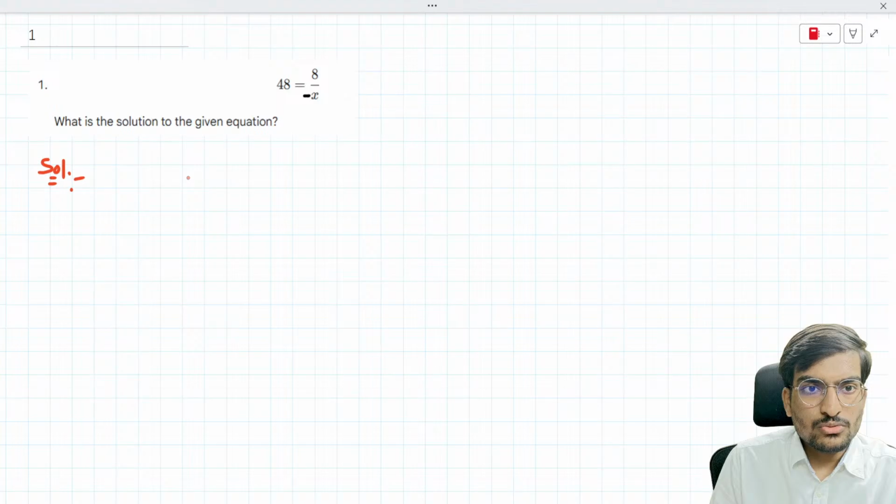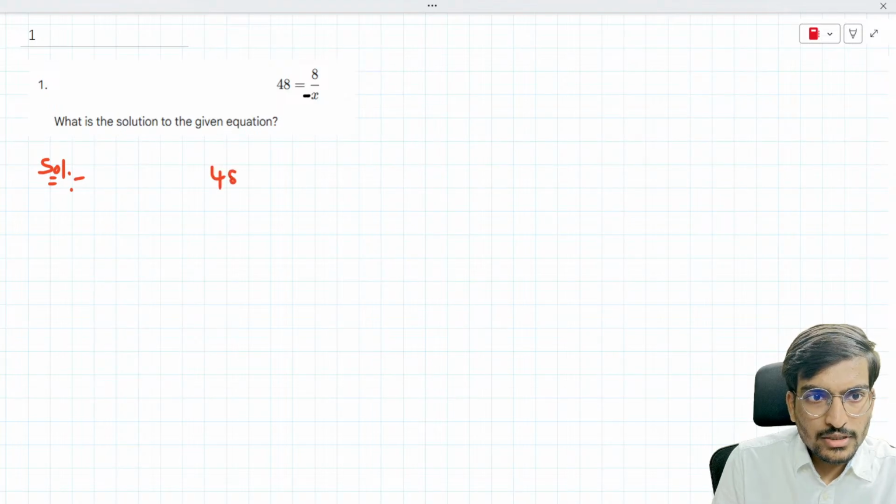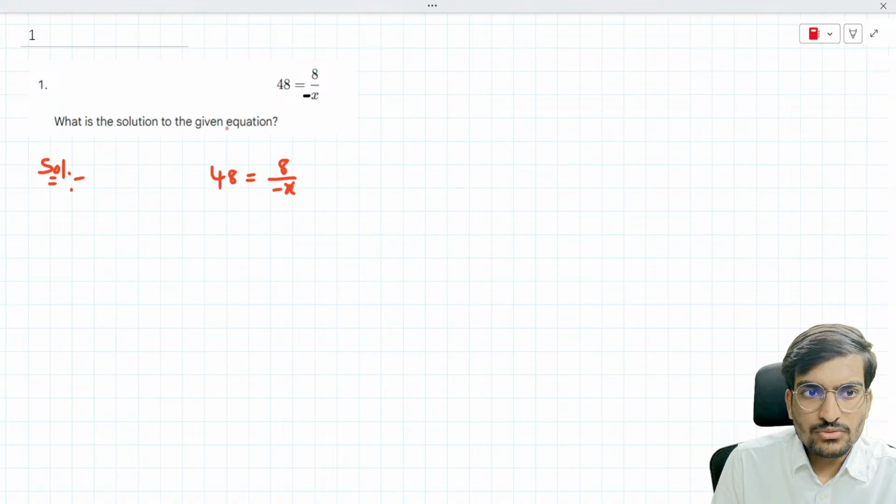So let's do 48 equals 8 divided by negative x. How to solve this? We just have to find the value of x. They are asking us to find the solution to the given equation. We can directly cross out 8 times 1 and 8 times 6. So we end up with 6 equals 1 by negative x, and we need the x value.